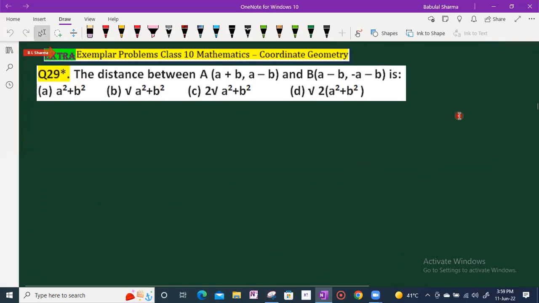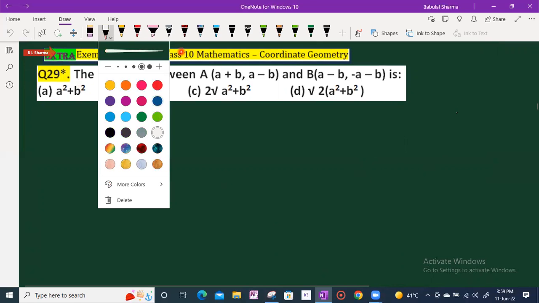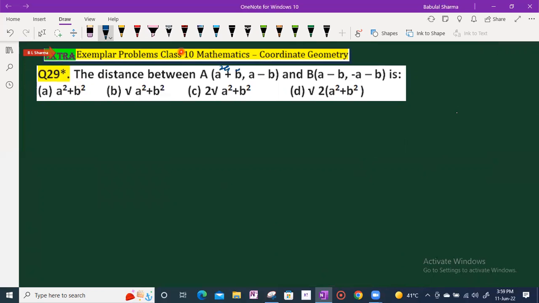Using the distance formula here, student, you can say here that this is x1, y1, x2, y2.